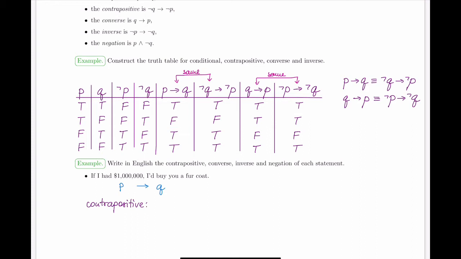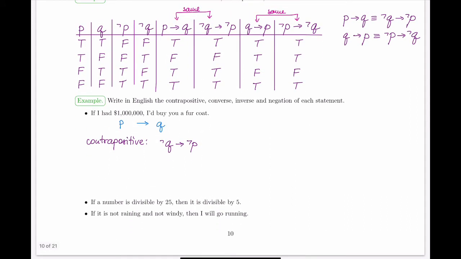Maybe let me write down what the contrapositive actually is. Not Q implies not P. So what are we going to have in this case? In this case, we're going to have, if I didn't buy you a fur coat, that means I don't have $1 million.